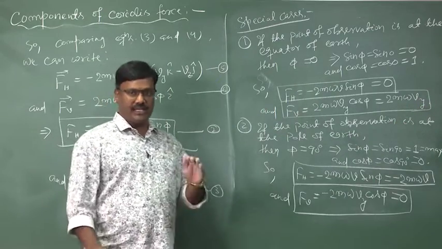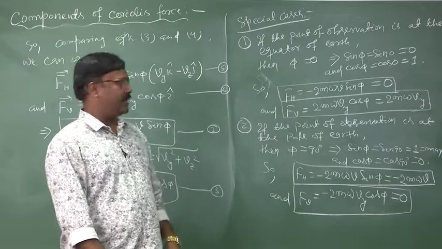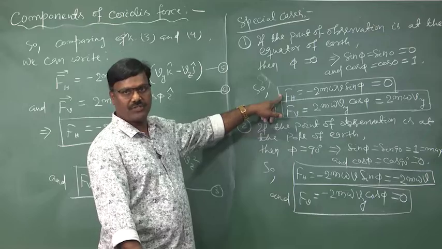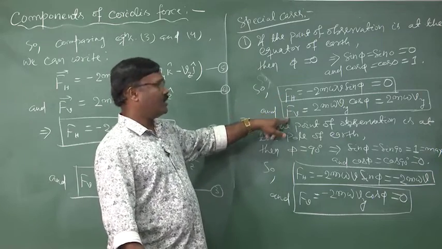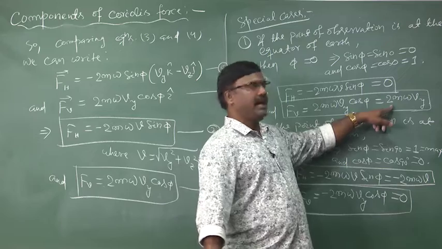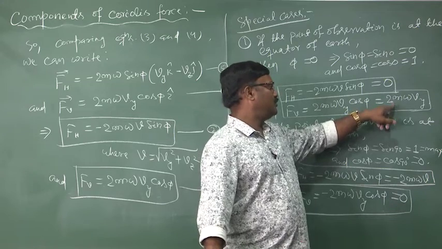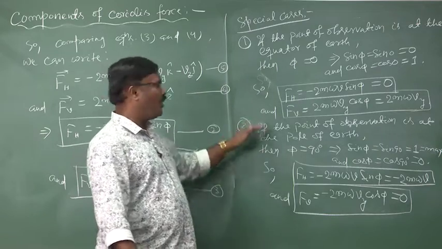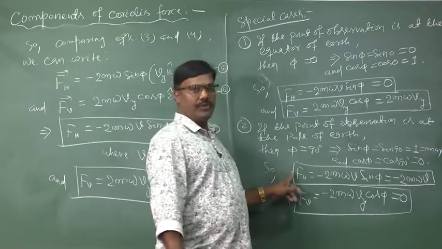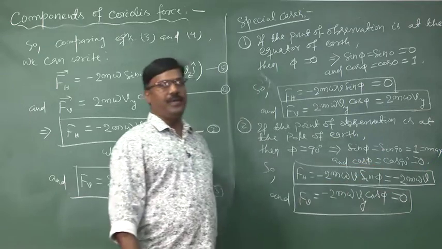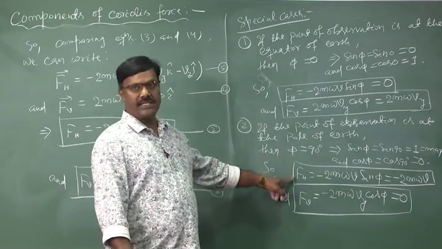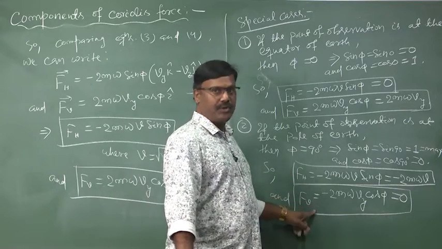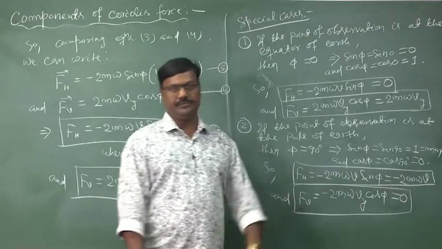Thus, we can conclude that on the surface of earth at the equator the horizontal component of Coriolis force is 0, whereas the vertical component is maximum at the equator and is equal to 2m omega vy. Similarly, at the pole of earth the horizontal component is minus 2m omega v, which is a maximum, whereas at the poles the vertical component of Coriolis force is 0.